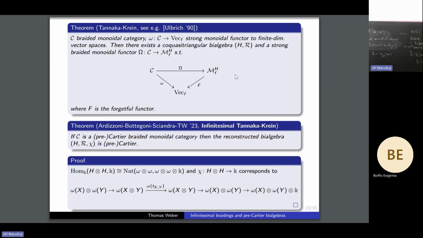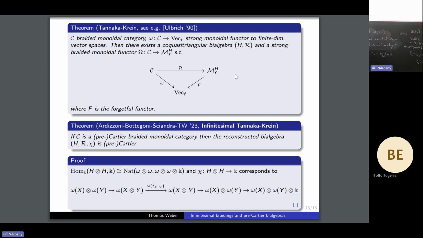Very good. So one more thing that we showed is some Tannaka-Krein theorem for our setting. So let's first state a classical theorem that says, if you have a braided monoidal category and a strong monoidal functor to finite dimensional vector spaces, then you can actually understand your category C somehow as the category of comodules for some co-quasi-triangular bialgebra.